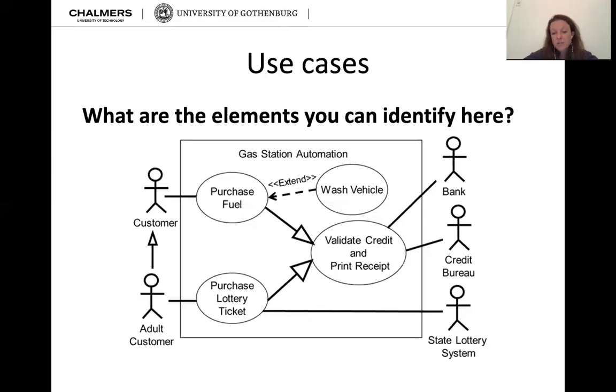So pay attention to these fine differences. For most gas stations that I go to, I know I can also purchase a vehicle wash without fueling up my car. Not at this one. And I'm not saying that's wrong. I'm pointing out the difference to you.